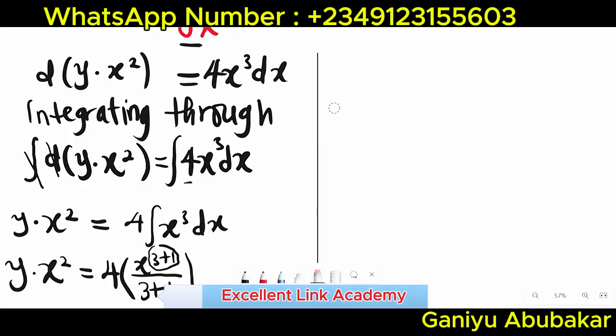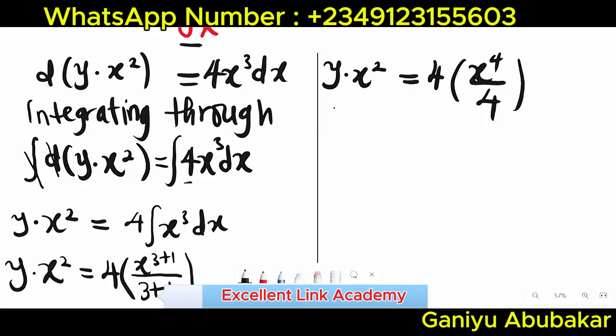You should know all this by now. This 3 plus 1 gives you 4, so I have x to the power of 4 and a 4 here.